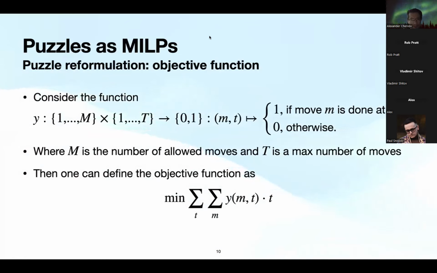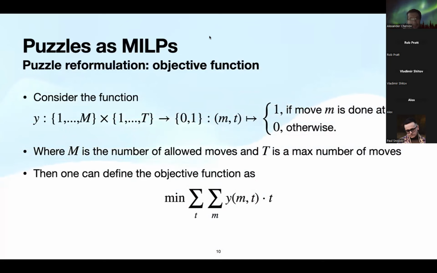I'll show some constraints, and one of the constraints is the following: we need all y's to be 1 at the same time. Actually, I tried without t and without this constraint, but the program did not go well, because it just put everything to 0 and does nothing.